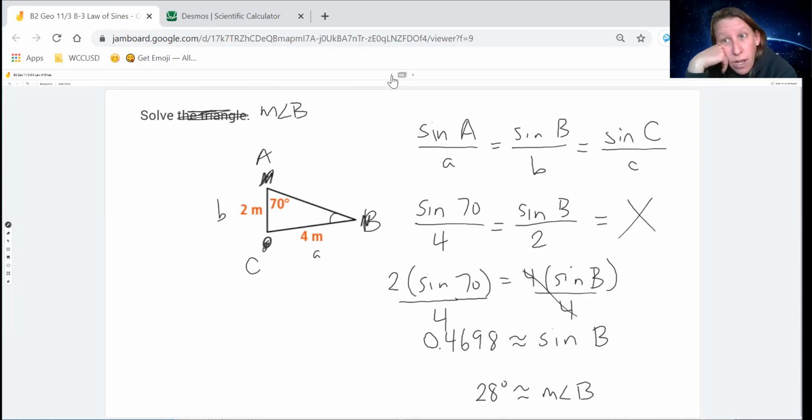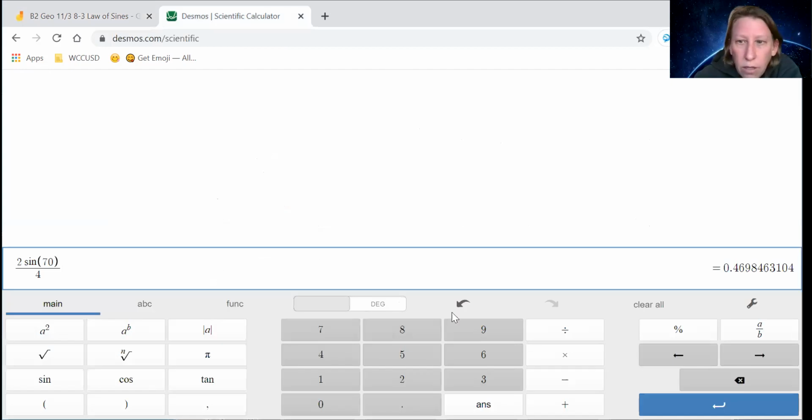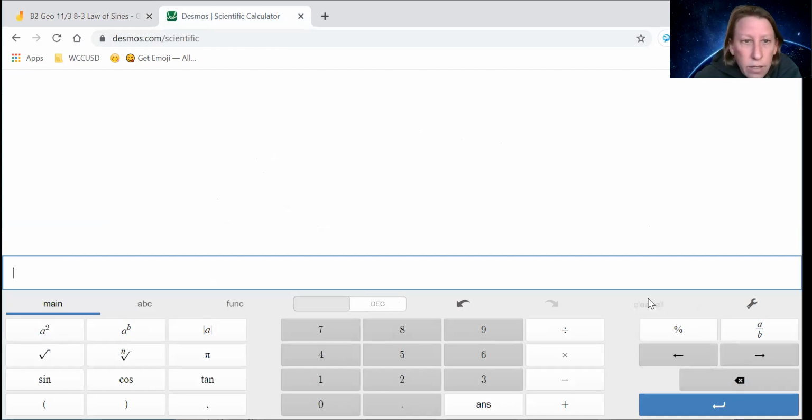Now, is there a button on the calculator you can push to do that? Sure. If you want to work the sine function backward: if we know the angle, we can find the sine ratio, and if we know the sine ratio, we can do the inverse operation and find the angle measure. So let's see if we can find the button on the calculator. Let's clear all that.